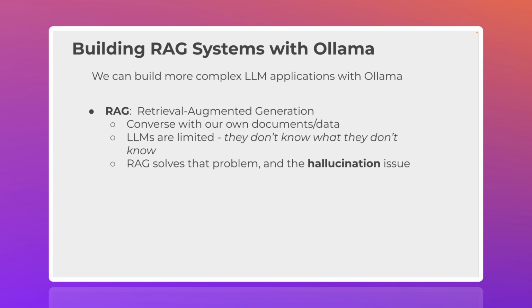So RAG solves that problem, because instead of the large language model knowing only what it knows, we can use it, because it's really good at predicting things, summarizing, brainstorming, getting pieces and putting them together to get a response. We can use that to solve this problem by, quote unquote, injecting our own documents.